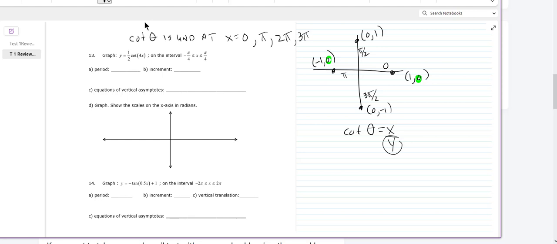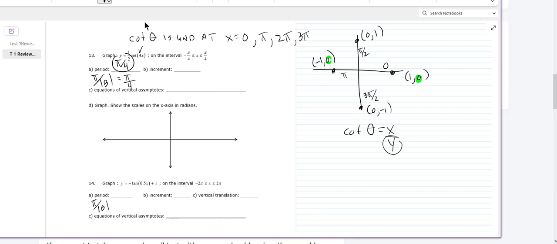Now, for the tangent and cotangent, the period is pi over b. The other trig functions are 2 pi over b, so you have to make sure that you know that. The b value is 4, so the period would be pi over 4. So that's going to give you your period. Just take pi divided by the number in front of x.